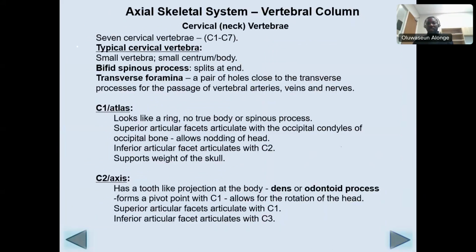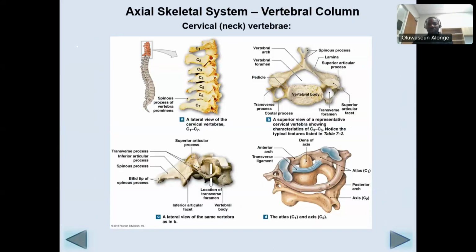All right. So looking at the cervical, I told you that C1 is different and I'll just use the image here. The key thing about C1 is the first cervical bone, and C2 we call the second cervical bone. So looking at these bones here, these are C1 and C2. The first one here that looks like a ring is C1, and we call it atlas.